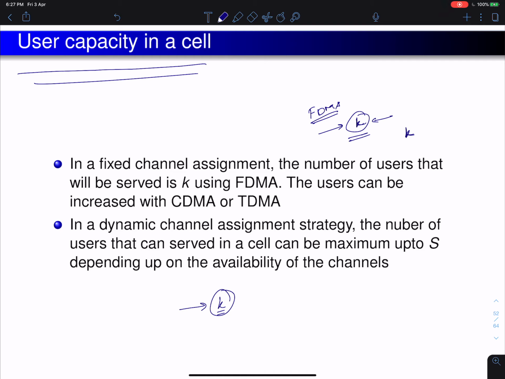In case of a dynamic channel assignment, if no other cell is using any channels, but only one cell is trying to make the best of it, meaning all the users in one cell are trying to make calls, then an MSC can assign all the S channels to that one cell itself. So a single cell can support S users simultaneously, and that's a really high number compared to a fixed channel assignment. It's a very small comparison, but we'll properly do an analysis when we go to trunking and grade of service.